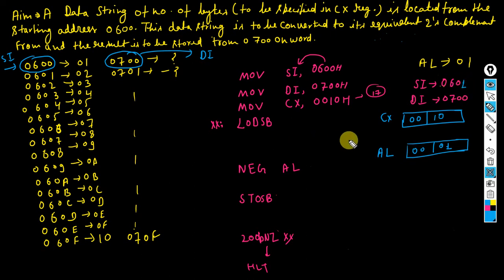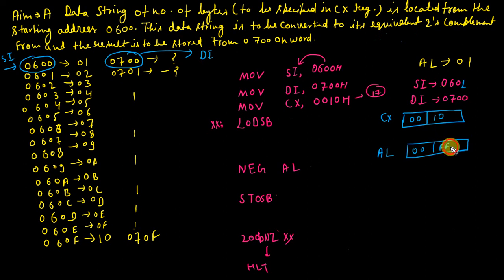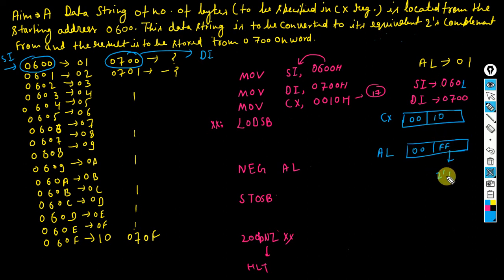0601. Okay, next instruction is NEG AL. NEG AL means the content of AL is 2's complemented. After execution of this step, content of AL is FF, the 2's complemented value of 1.